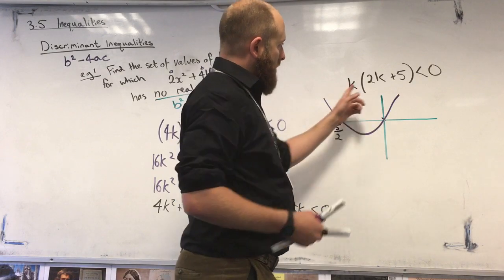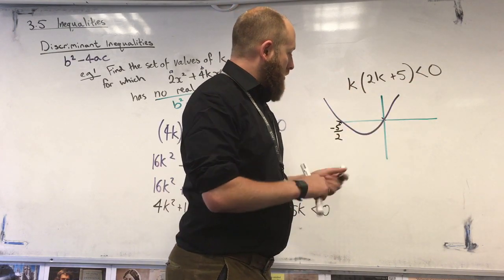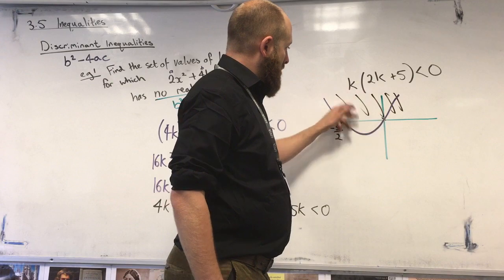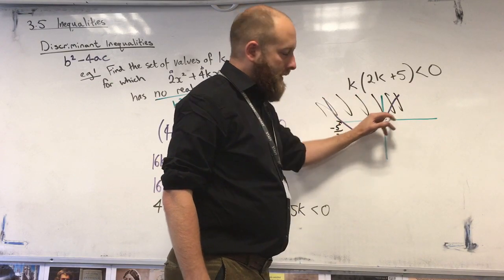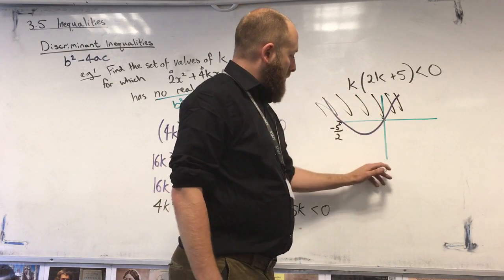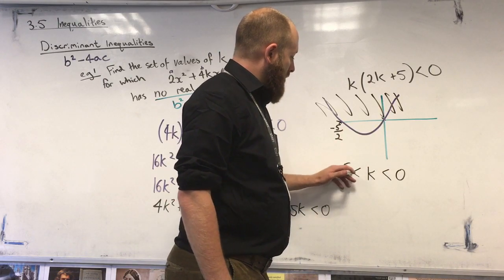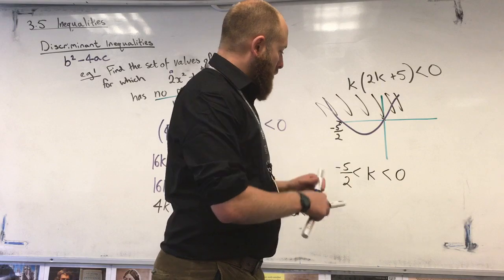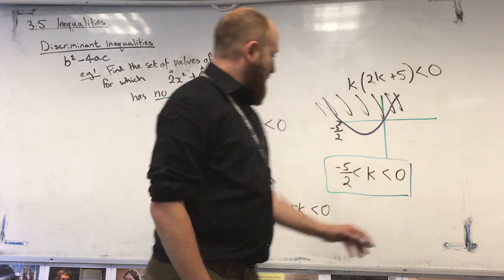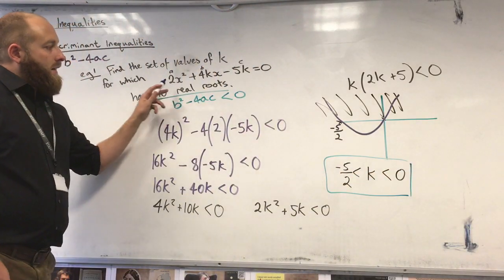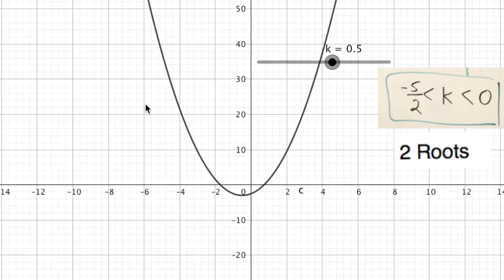We're looking for values at which this is less than 0. Less than 0 means you want the bit under the x-axis. So k is going to be between 0 and minus 5 over 2. Those k values make this quadratic have no real roots.